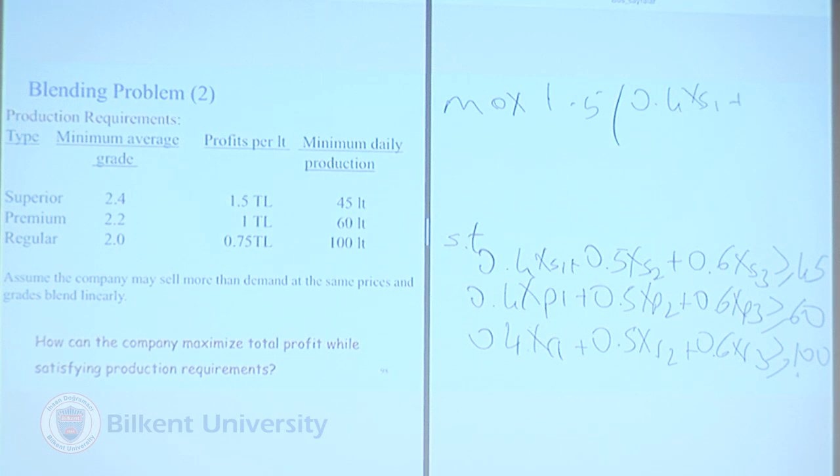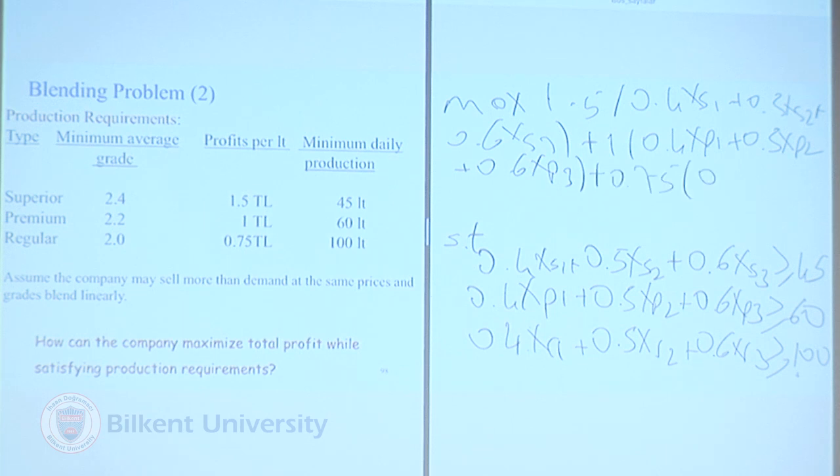So it's going to be 0.4 times S1, 0.5 times S2, plus 0.6 times S3, plus 1 times 0.4 times P1, 0.5 times P2, plus 0.6 times P3, plus 0.75 times 0.4 times regular 1, 0.5 times regular 2, 0.6 times regular 3.